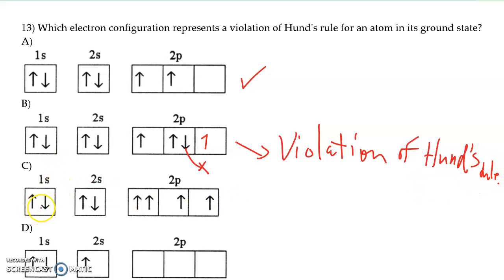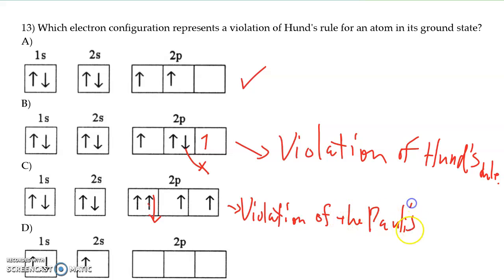Okay, let's look at this one. Up, down, up, down, up, up, up. This part cannot be 2 pointing up. This one should be pointing down. So this one is the violation of the Pauli's exclusion principle.